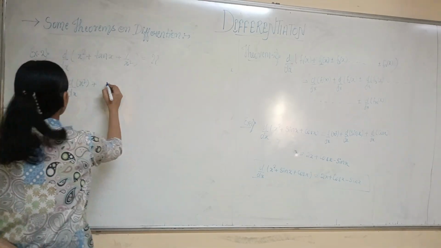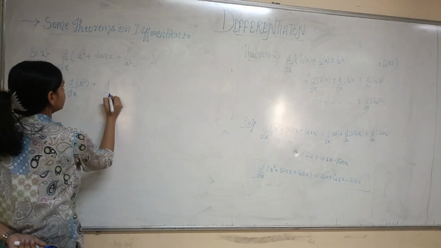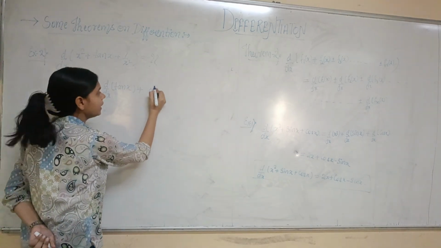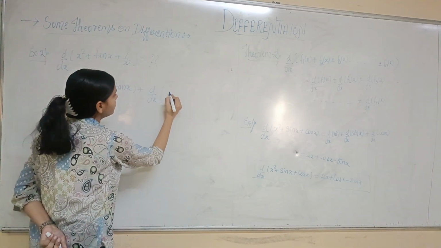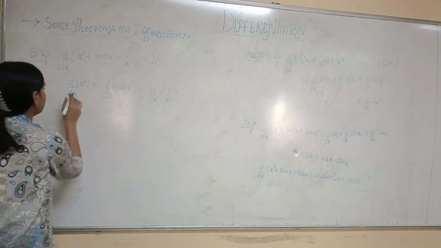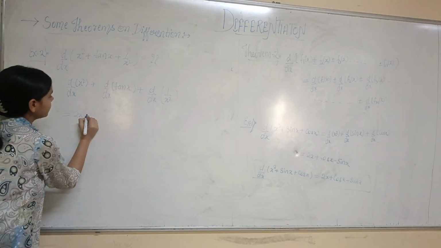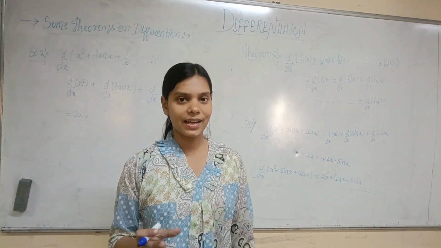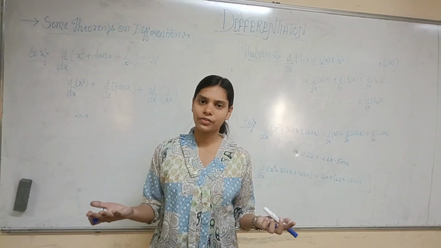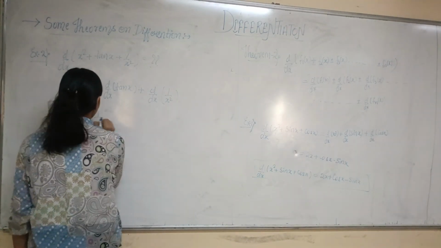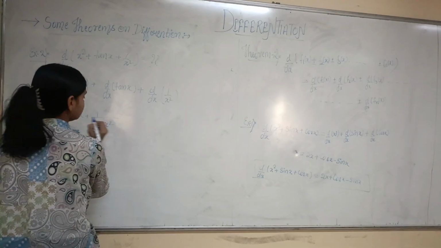Now compute this: 2x plus, what is the differentiation of tan x? Tell me, anyone. Exactly. The differentiation of tan x is very simple, 1 upon 1 plus x².